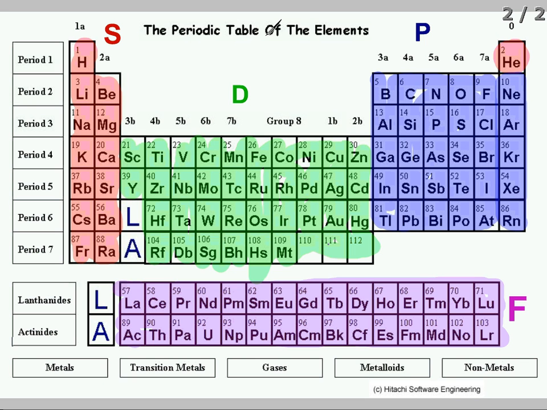Everything in there has half full or completely full p orbitals. Then there's the D block. Everything in there goes up to filling the D orbitals, and then there's the F block at the bottom that fills up most of the F orbitals.